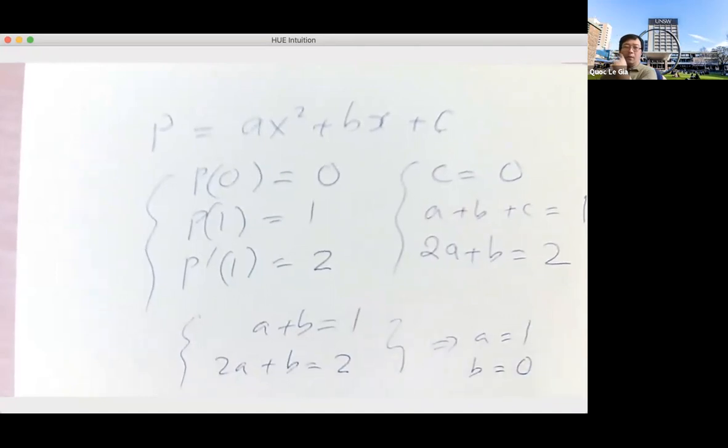So we can solve three equations like this easily.